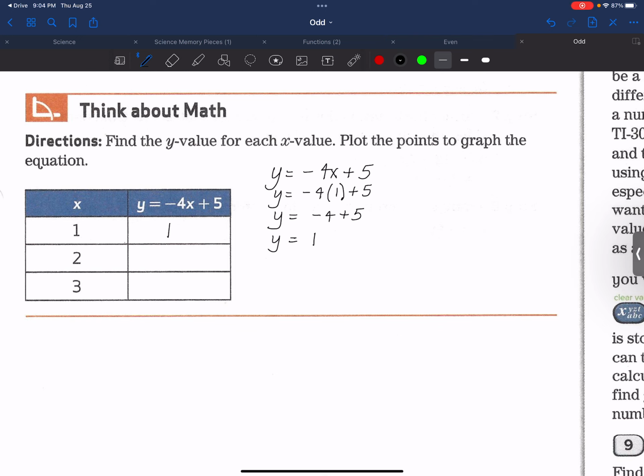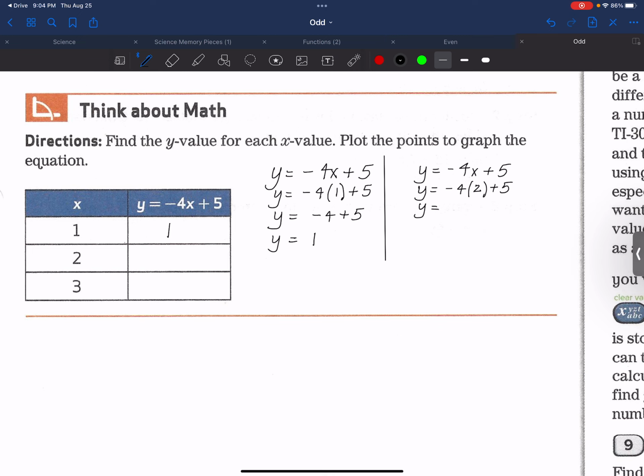And I'm just going to put that in the table. Then I'm going to draw myself a line just to space this, and I'm going to try it again when x is 2. So you just use that same rule that you're working with, and you put in x is 2.